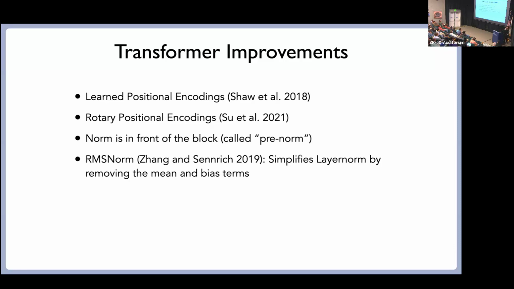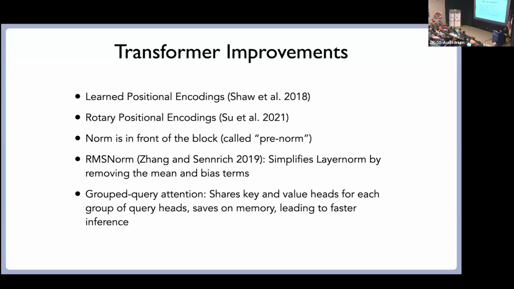People also modify the normalization by replacing layer norm with some other variant like RMS norm. We'll talk about it a bit later, but it's basically a simplified version of layer norm. And people also use something like group query attention, which makes the attention more compute efficient.